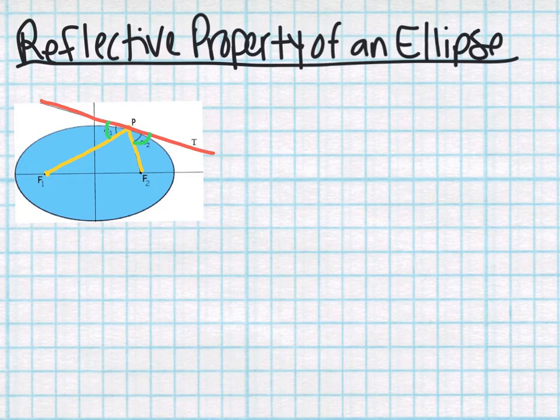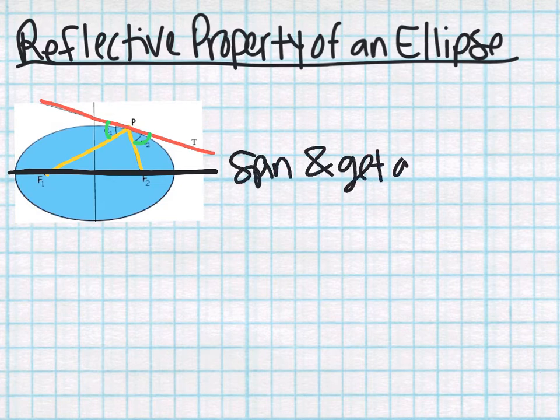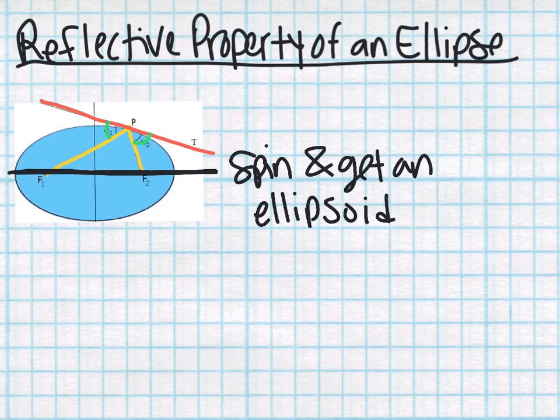If we spin it in 3 dimensions around the focal axis, remember, the focal axis is the one where the 2 foci are, you get what's called an ellipsoid. The ellipsoid is just a three-dimensional shape. So we can make domes and buildings in the shape of an ellipsoid.